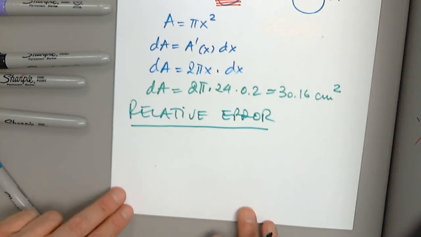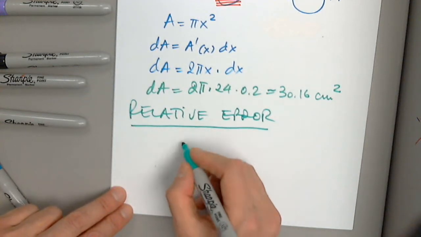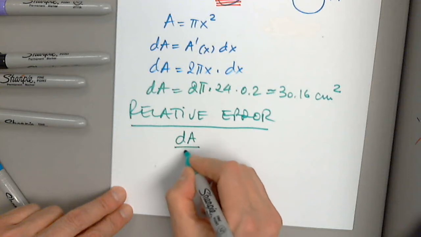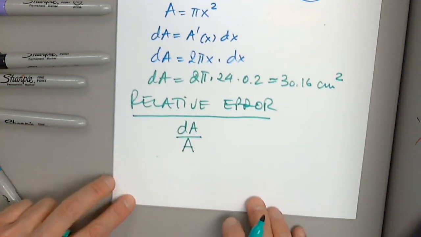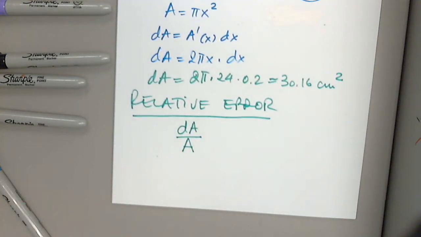The relative error is the error divided by the area. Relative, so it's the error relative to the original. The error relative to what? To the original, divided by the original. So we have several ways here.